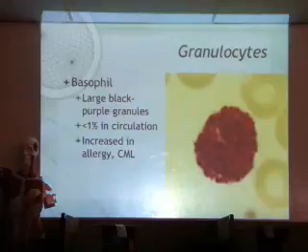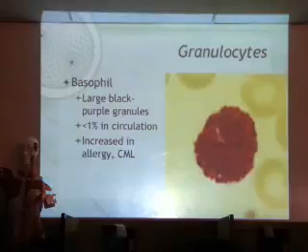So this is not always the case with all basophils. If you can see the nucleus, it'll probably be bilobed, maybe 3 lobes at most, sort of like the eosinophil. Size is about the same, about 14-15 microns in diameter, and they make up less than 1% in circulation.